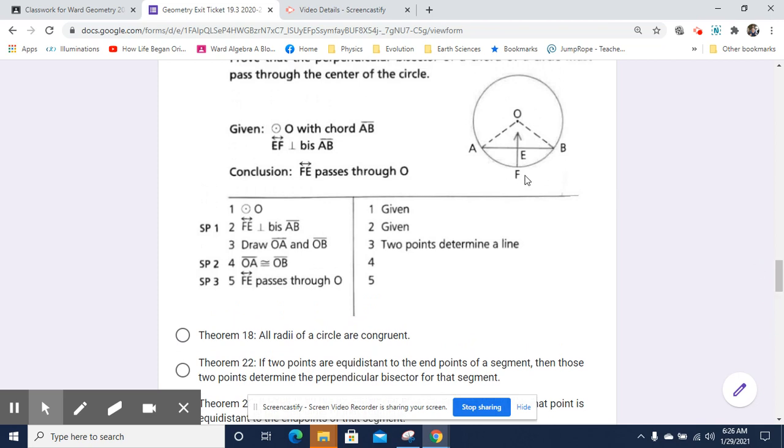So there is an existence of a perpendicular bisector. O is equidistant from the endpoints of the segment. So O has to be on the perpendicular bisector of that segment.